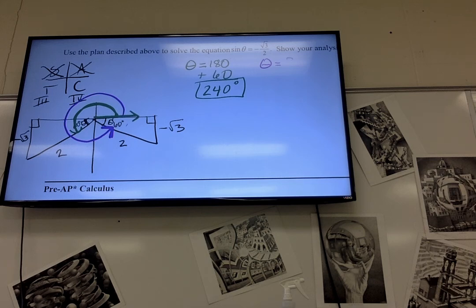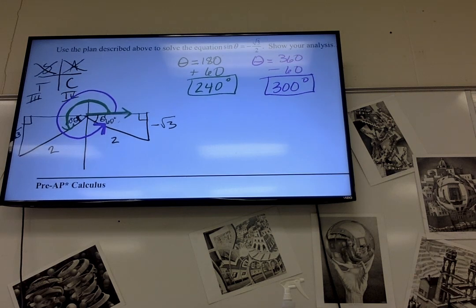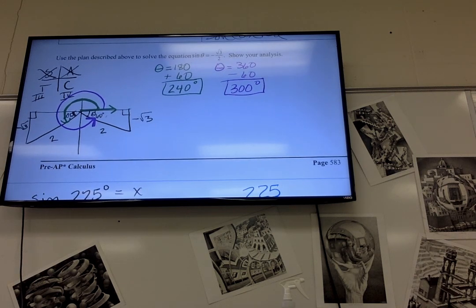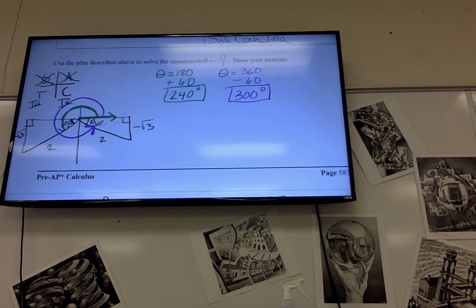So 360 minus 60 tells us that angle is 300. So the sine of 240 and the sine of 300 are both negative square root of 3 over 2. And that's how you do those without a calculator. And that's finding the angle.